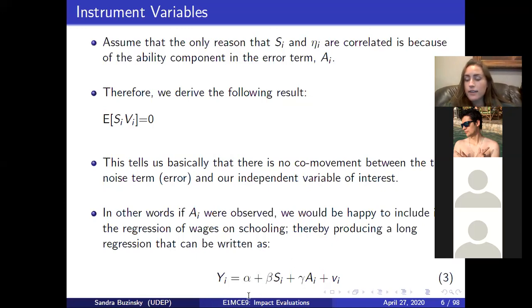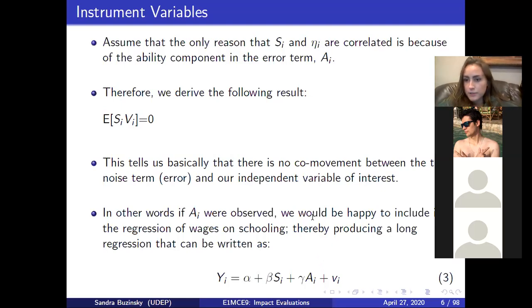So y_i, wage, is a function of alpha plus beta S_i, education, plus gamma A_i, so ability. And then you see how the error term is transformed to just v_i. And what is v_i? It's just noise. So that means we have removed the selection bias because our error term is just white noise. There's no bias in it.